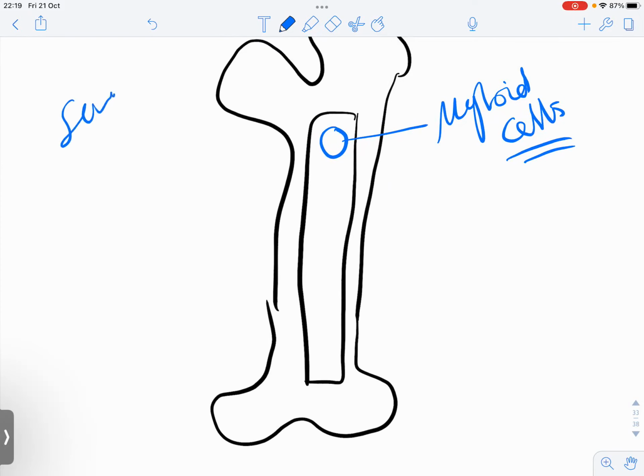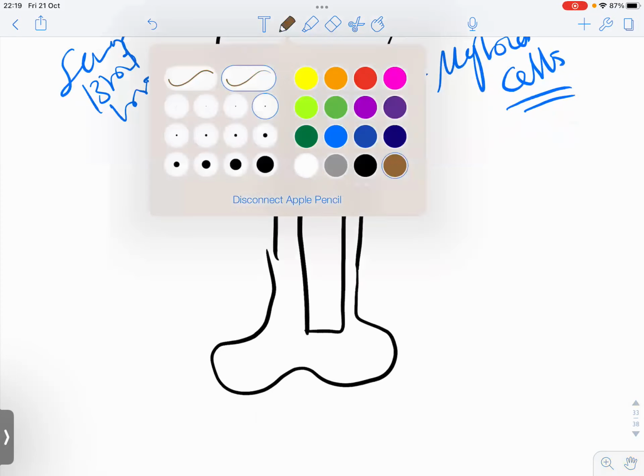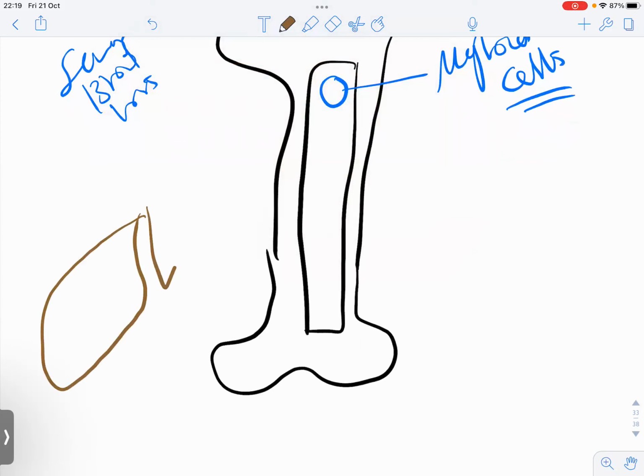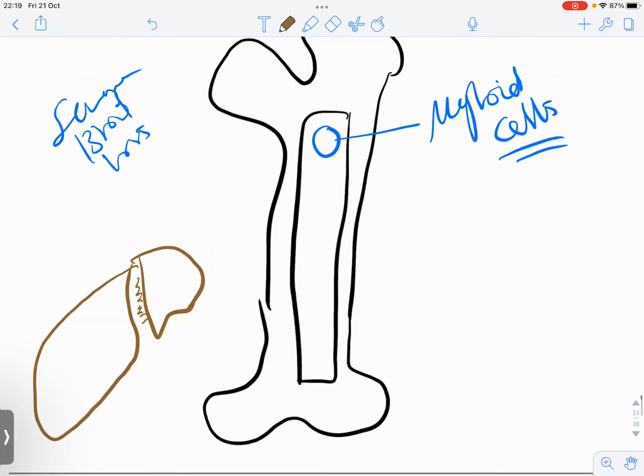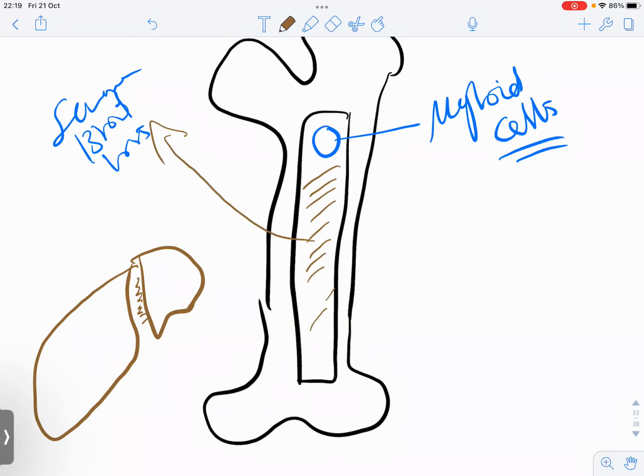During severe blood loss, the liver will try to compensate. Why? Because the bone marrow cannot compensate for that severe blood loss. So the liver will come and say, "Hey, I will help you to produce some blood cells.